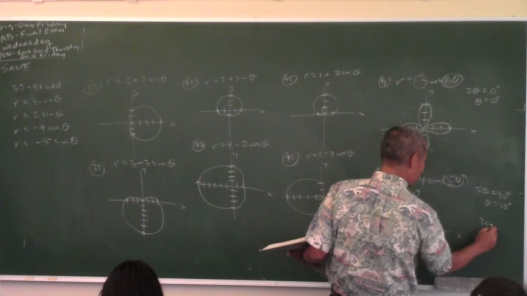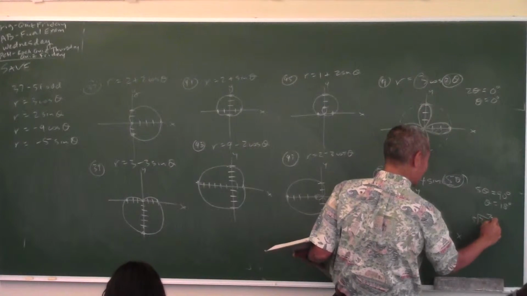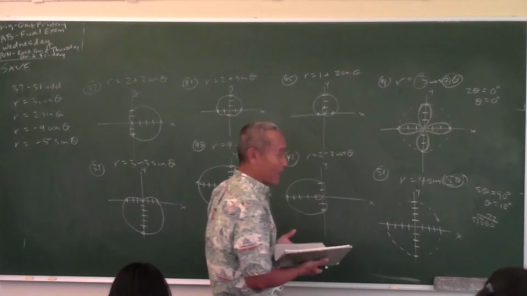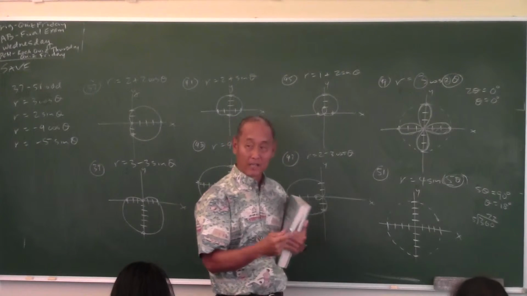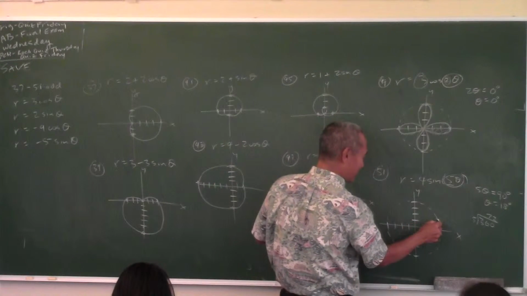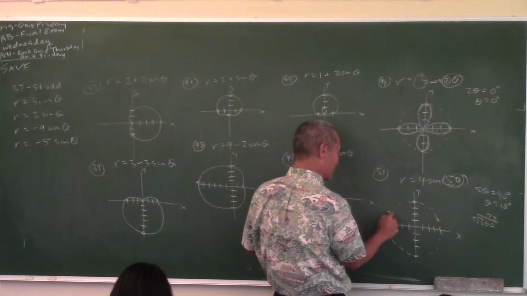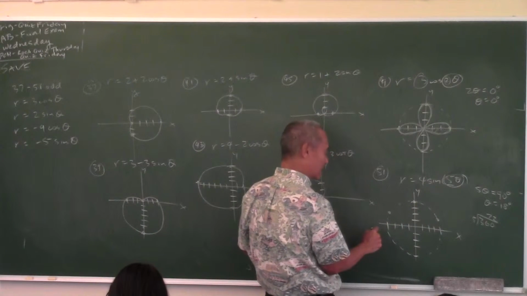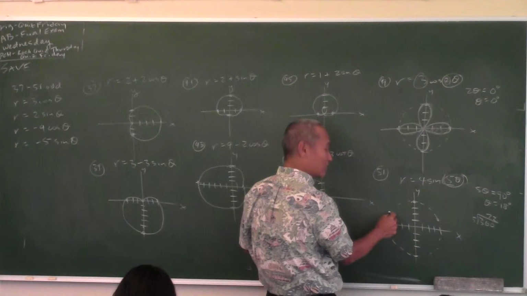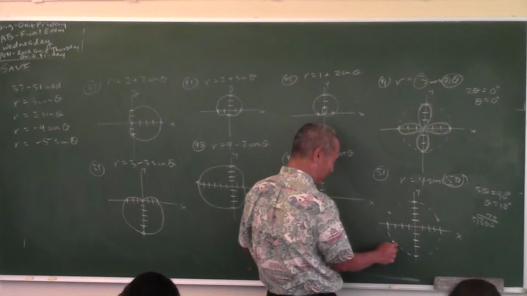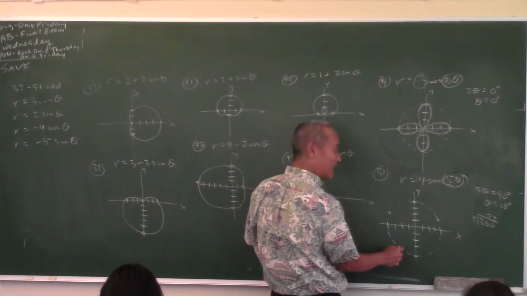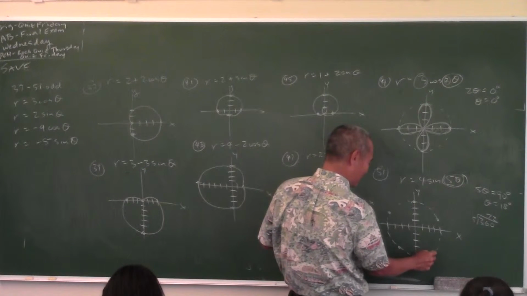So 360 divided by 5 is 72. So every 72 degrees, you're going to get the tip of a petal. So 18 degrees, add 72 to that, you get 90. Add another 72, what is that, 162? And then add another 72, what is it, 234? Will be about there. And then add another 72, will be there.